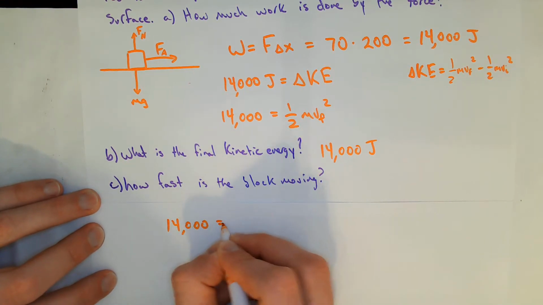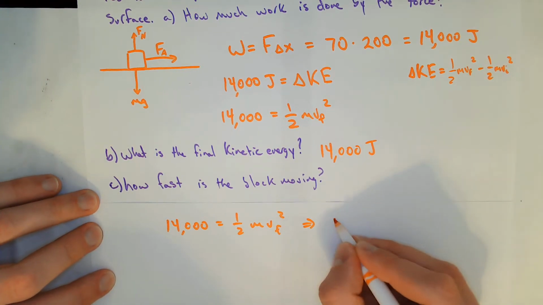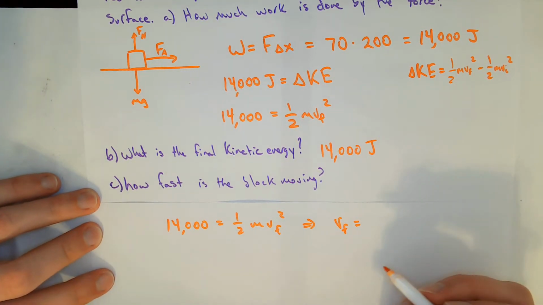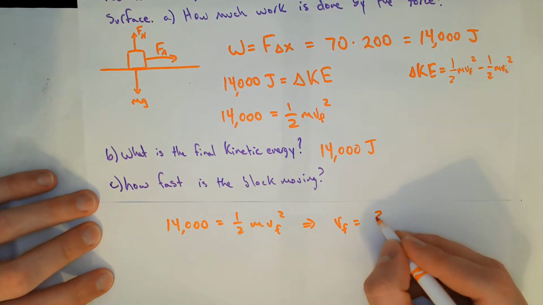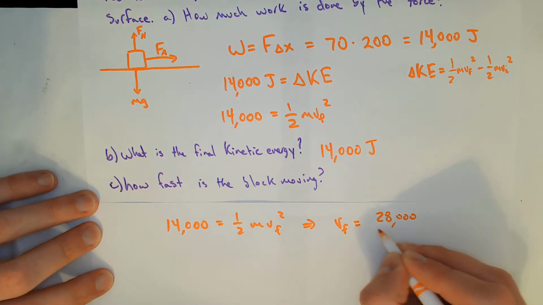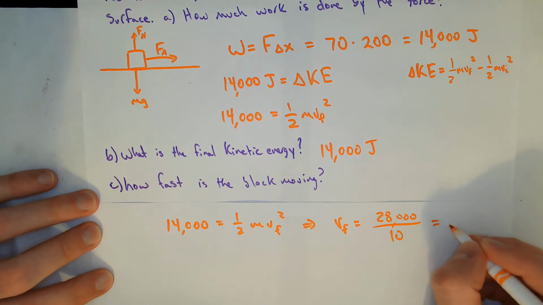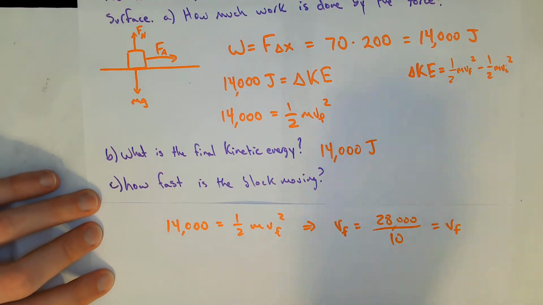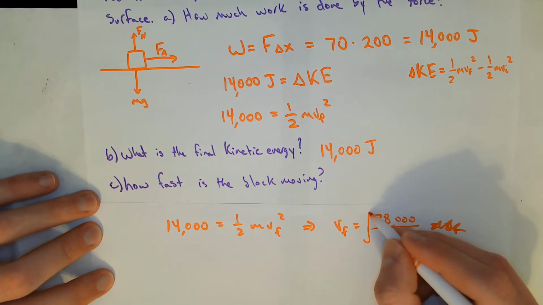So we're starting here, 1/2 mv final squared. I'm going to have v final just by doing some algebra, multiplying by 2 and then dividing by m. So 28,000 over m, which is 10, is equal to v final squared. Oh, I already said that. All right, that's what I wanted.